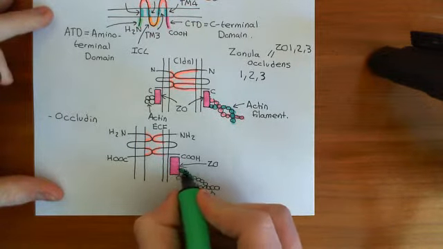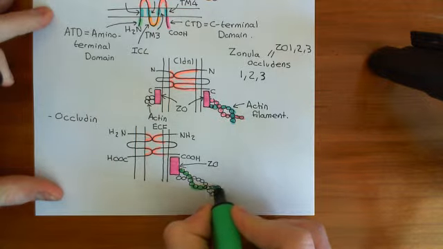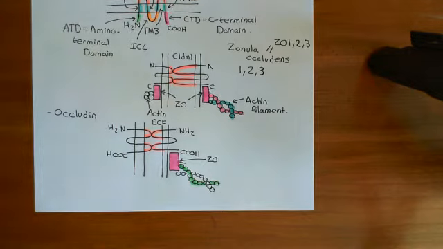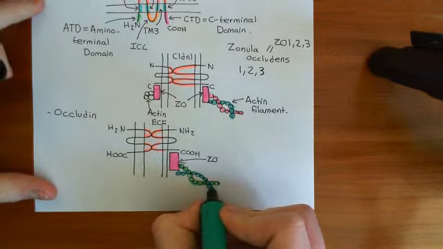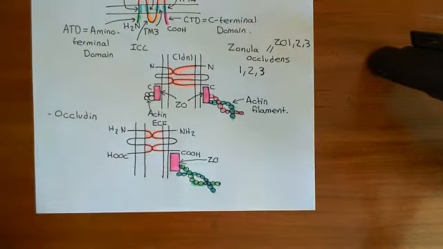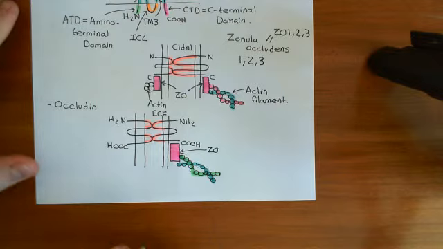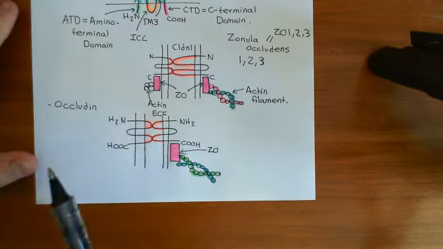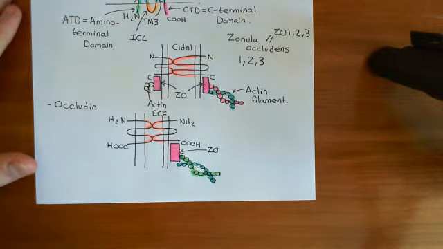Here, this is looping out of the page towards us, then looping back into the page away from us, and then the other strand is looping round towards us here. There we go. So there's our actin filament, and there's our occludin protein attached to it, and these are also present within these tight junctions and help to seal up the gap between these 2 cells.